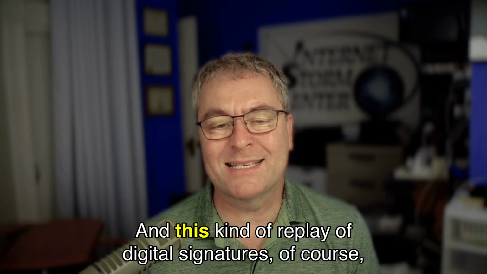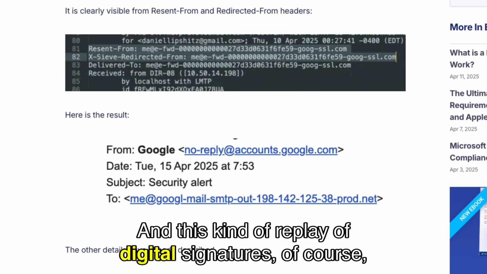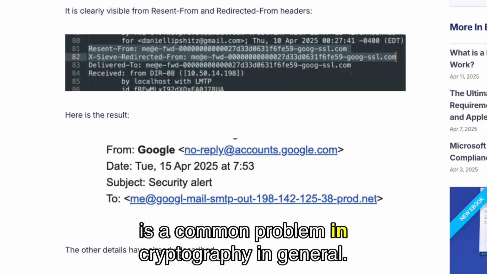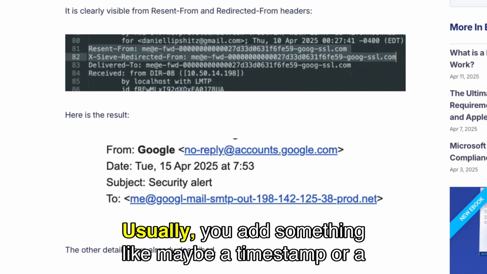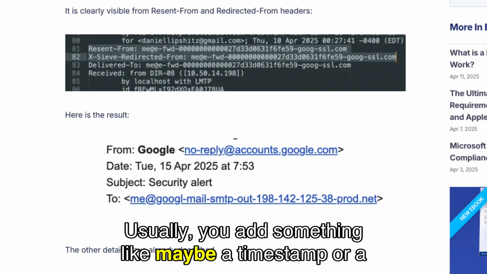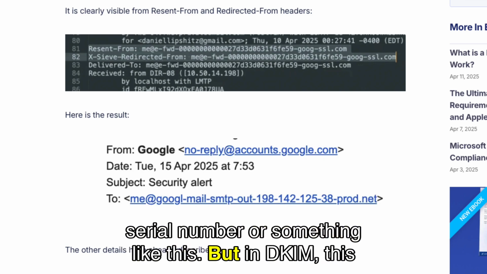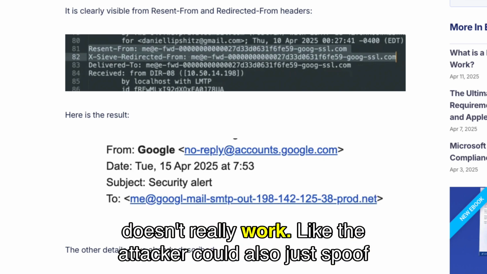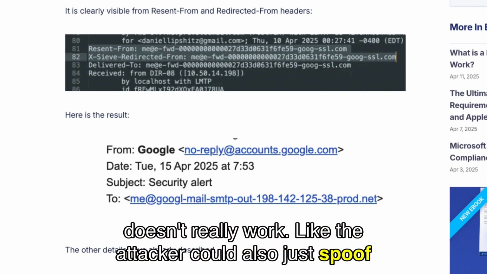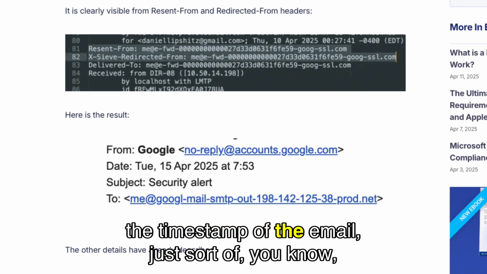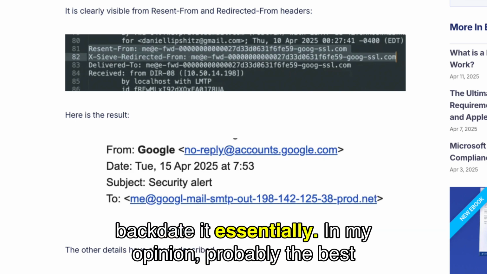And this kind of replay of digital signatures, of course, is a common problem in cryptography in general. Usually you add something like maybe a timestamp or a serial number or something like this. But in DKIM, this doesn't really work. Like the attacker could also just spoof the timestamp of the email, just sort of backdate it essentially.